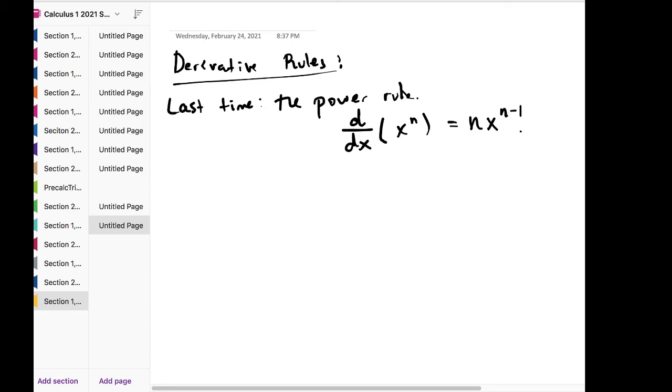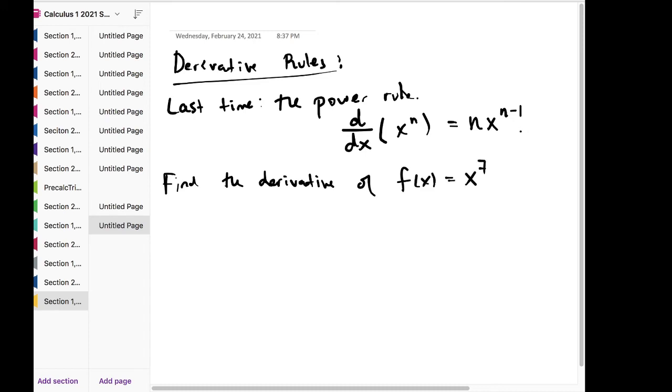So let's say we want to find the derivative of f of x equals x to the 7th plus x. Unfortunately, that's not a power, right?